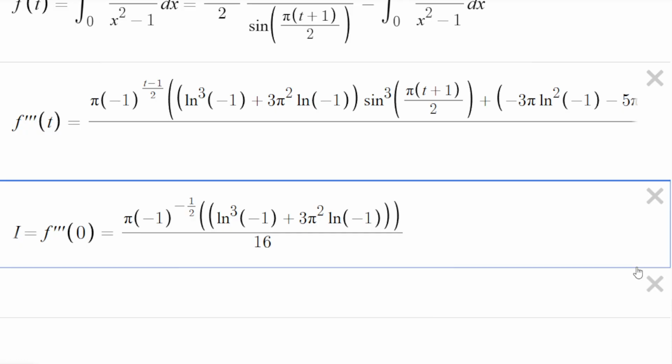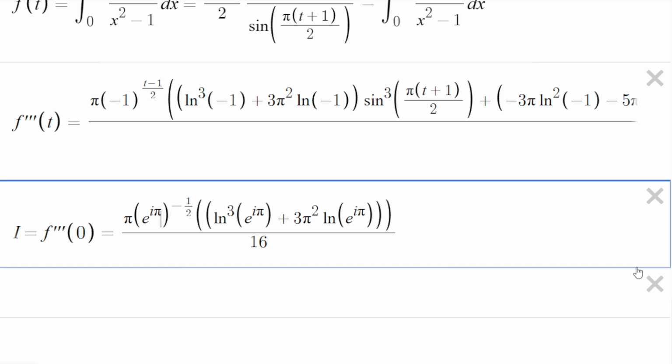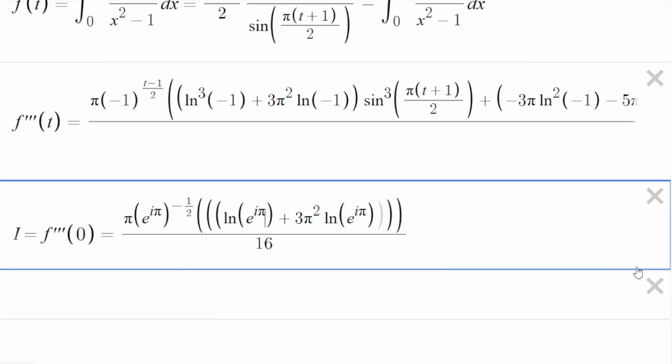All right, let's rewrite negative 1 as e to the i pi. Everywhere we see a negative 1, we're going to put e to the i pi. Now we're almost done. We have to be careful. So let's bring this cubed out.